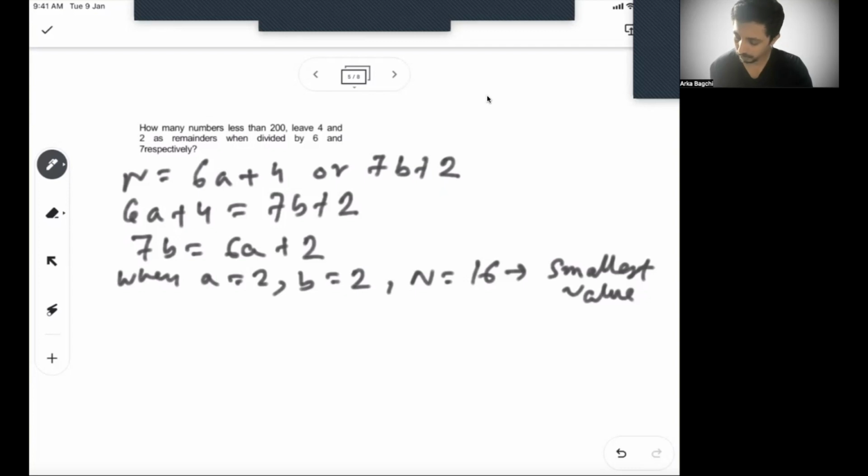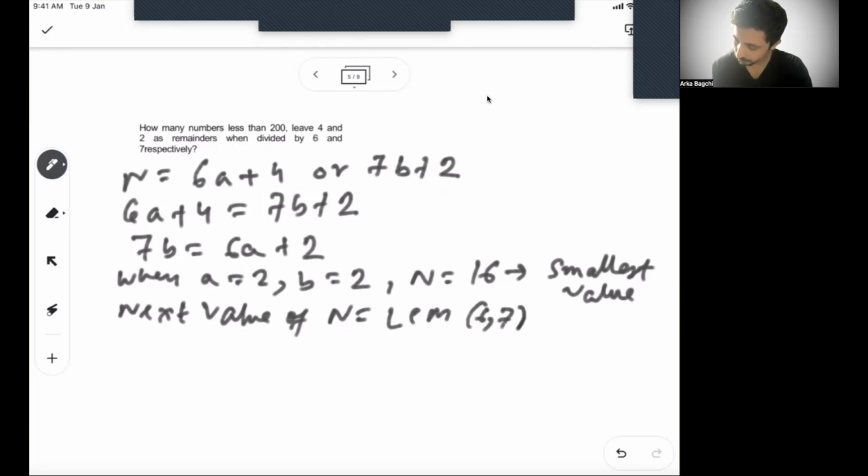Okay. So then the next value of n is nothing but LCM of 6, 7 plus 16. So you got 16. So if you do LCM of 6 and 7, it will be 42 plus 16, which is 58. So 58 will be another one.